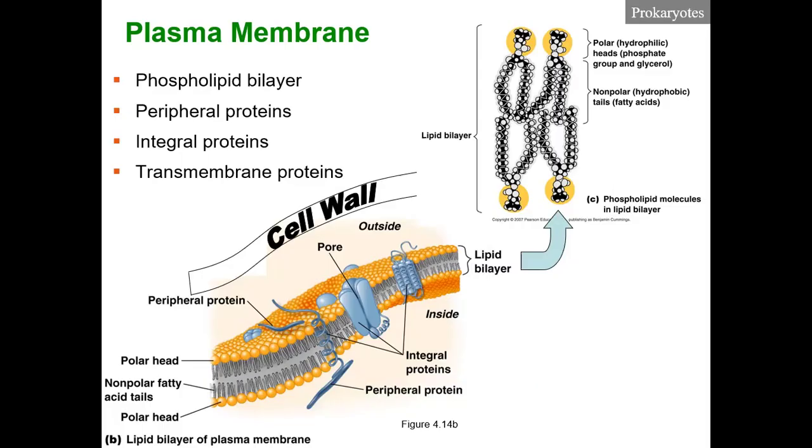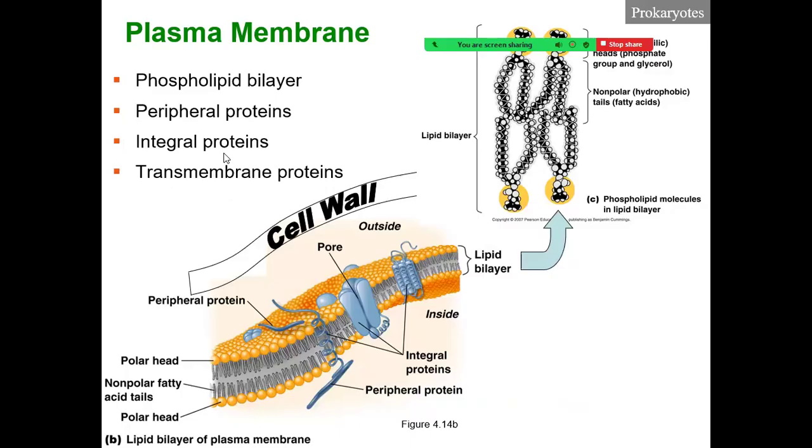There are three types of proteins: peripheral proteins, integral proteins, and transmembrane proteins. A peripheral protein is a protein which is mostly either outside the cell membrane, or inside the cell membrane. So that's why it's called the peripheral protein, because most of the protein is on one side of the membrane or the other.